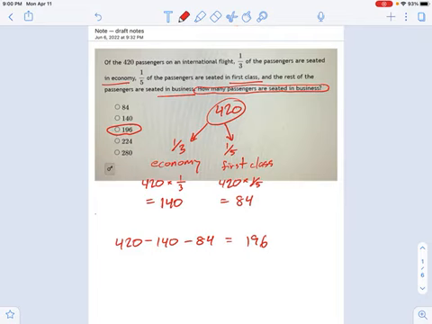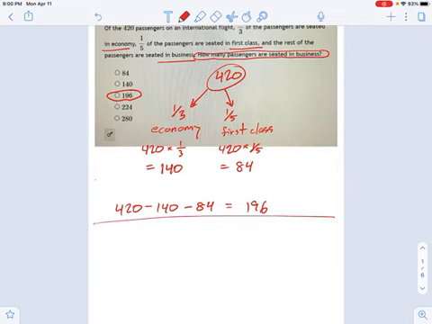Another way you could do this, and this is really just a matter of personal preference, is you say the number of people in business is the number of people on the plane times the following: 1, that's the whole plane, minus the fraction seated in economy, minus the fraction seated in first class. And if you like fractions, this is a fine way to do it.